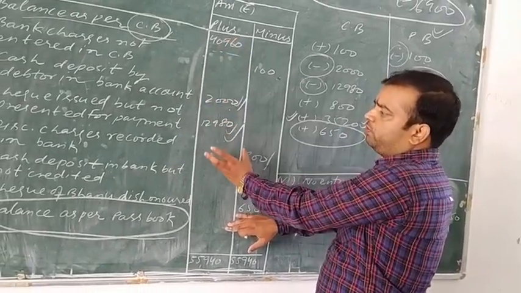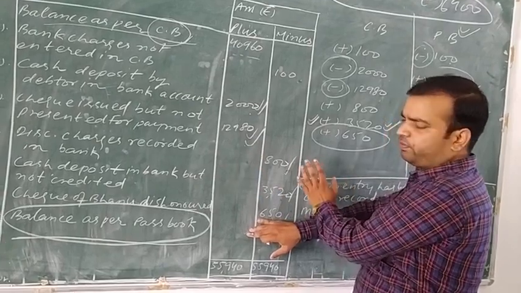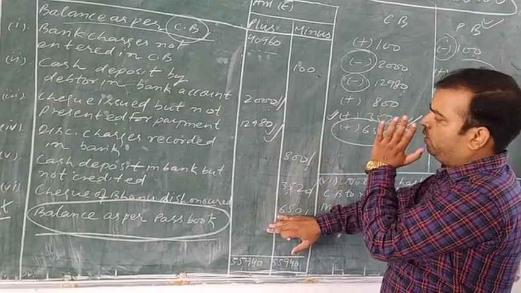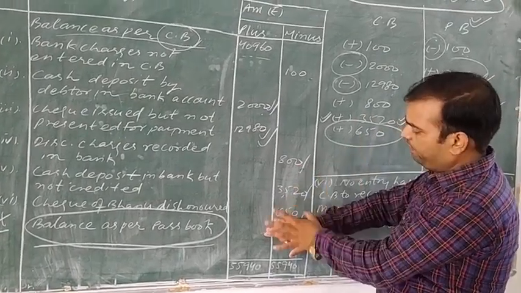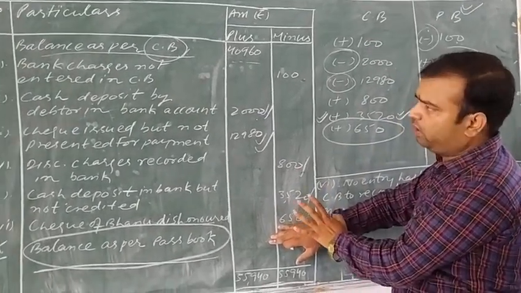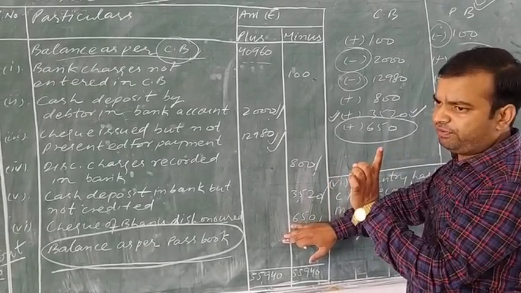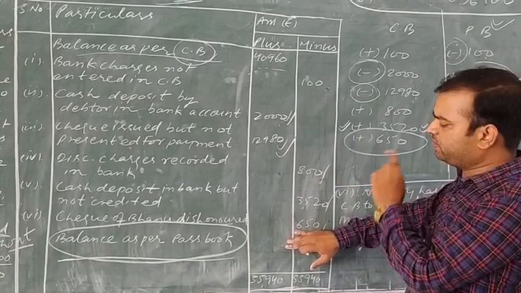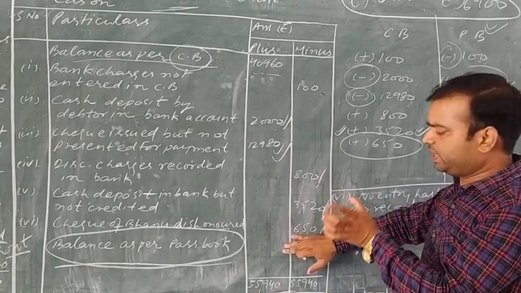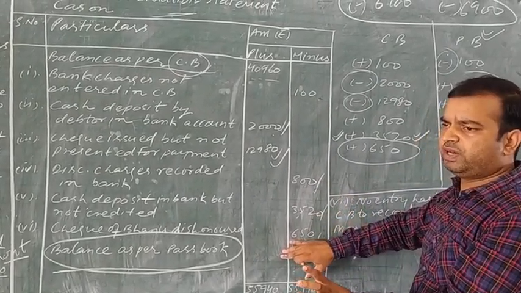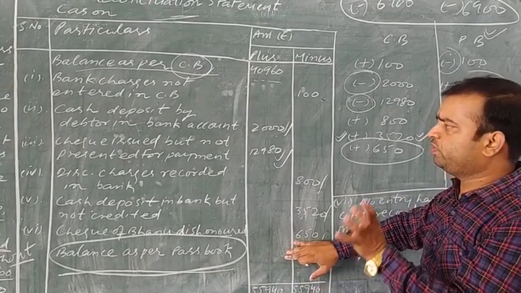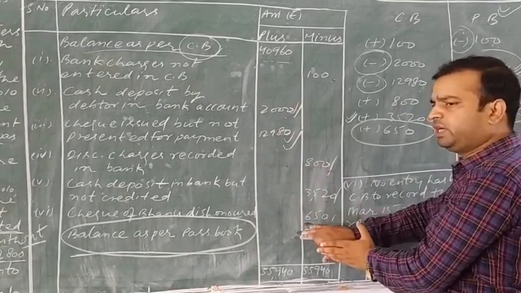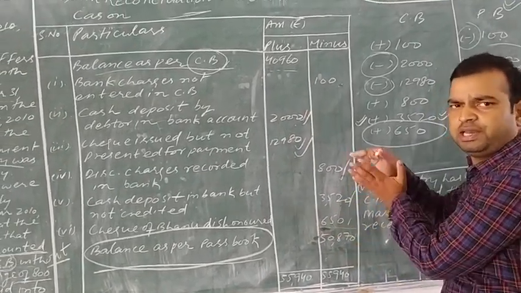Whatever total will be there on the plus side, this total will be subtracted from the total of the minus side. Okay, right? Whatever shortage will be there, okay? Only one side will be short, either the plus side or the minus side. Whichever side is shorter, means having the lesser amount, the balancing figure, that is the amount which you will get after subtracting the total of the plus side and the minus side, will be posted on the side where the total is less.